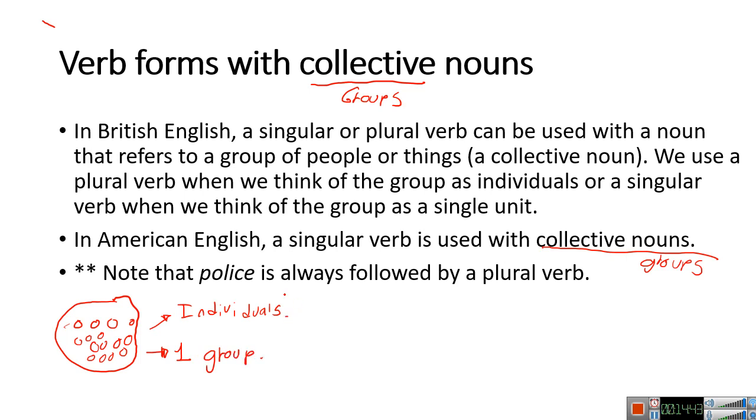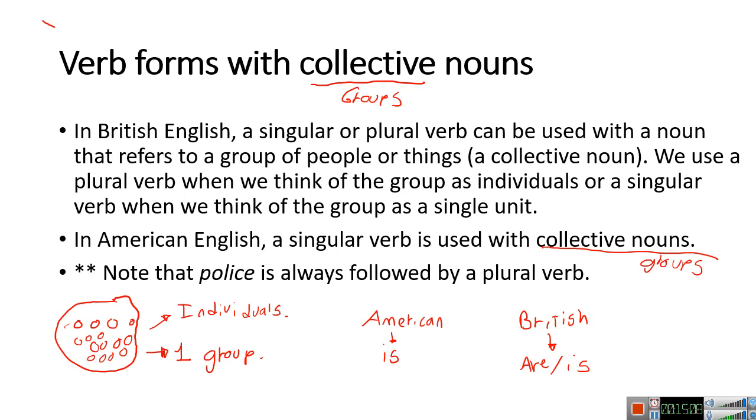So here we're saying that when we think of groups as singular units, in American we use is. Whereas in British we say are or is.